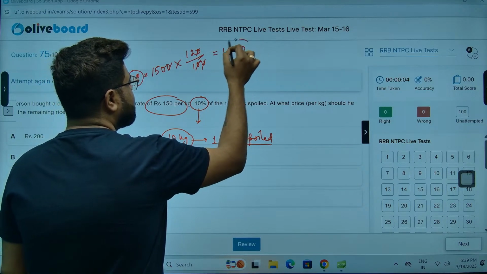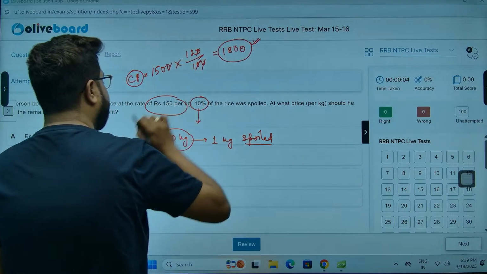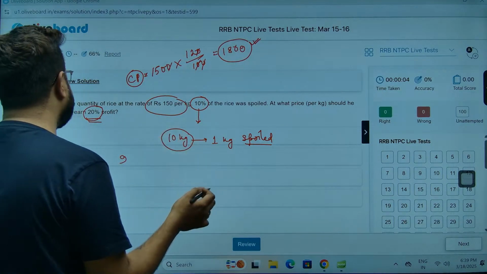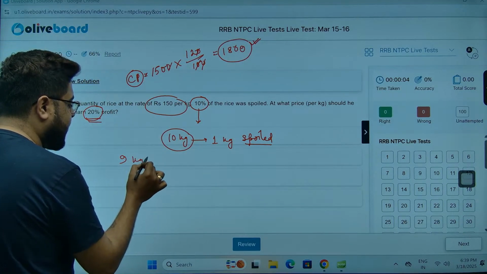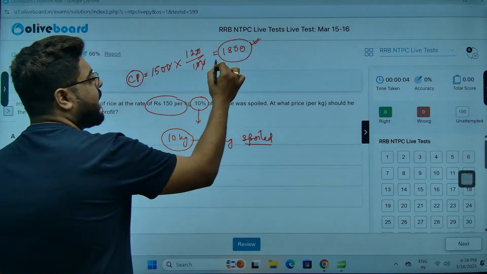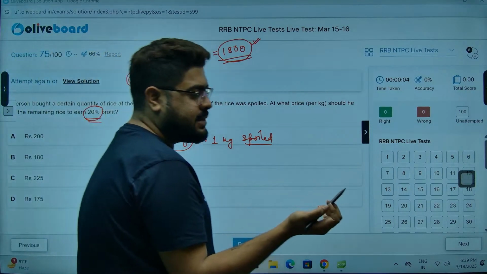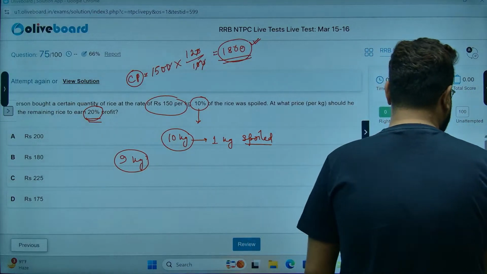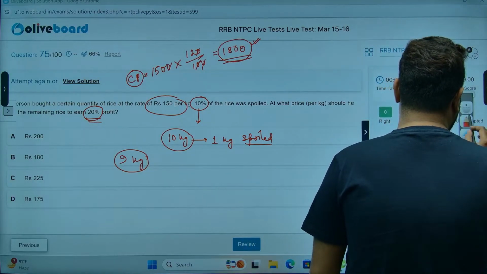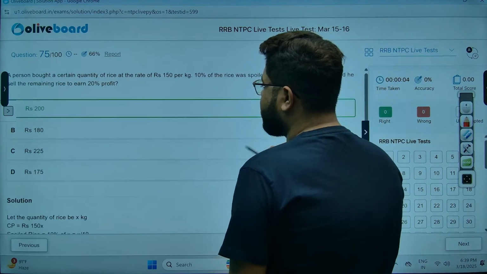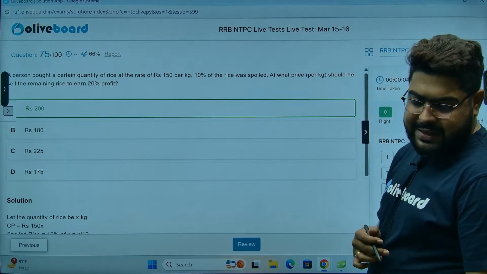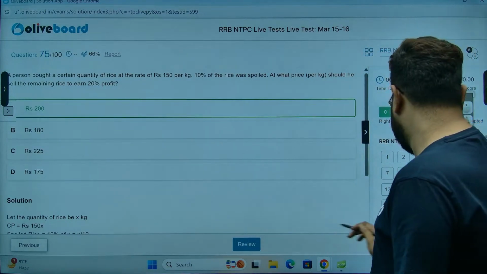So total he needs to sell it for 1800 rupees. 9 kg is remaining. He will sell 9 kg for 1800 rupees. Per kg price is 200 rupees. Anybody can say. Option number A, sir. Very, very simple.